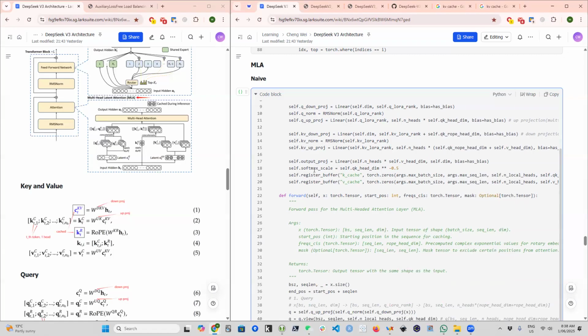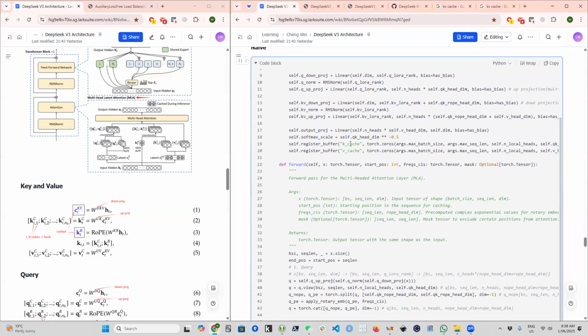Finally, we have a standard output projection, and the softmax scale is the square root of the head dim, the same as a transformer.